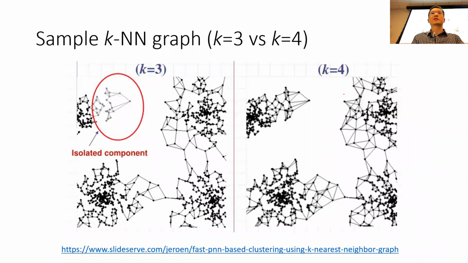If you use k equals 3, then you will have this isolated network, because all 3 neighbors are next to each other. But if you have k equals 4, this becomes linked. So the result is impacted by the k value.